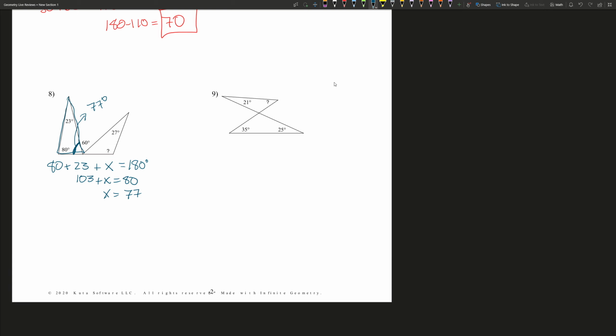Now, instead of vertical angles here, we have to understand that the three angles, so this blue angle, this angle right here, and this angle all have to equal 180. And we have two of those, so we can solve for the third. So 77 plus 60 plus our other unknown, we'll call that purple angle Y, has to equal 180.